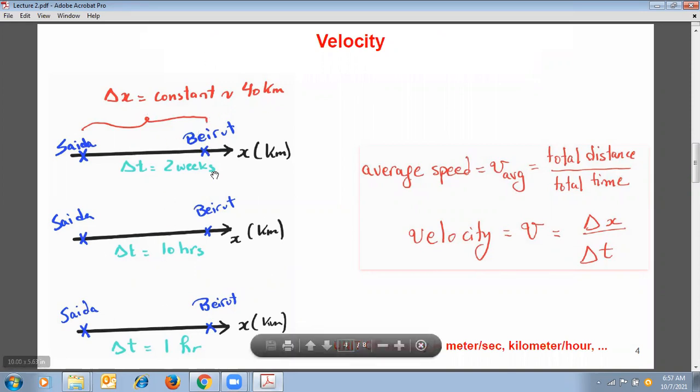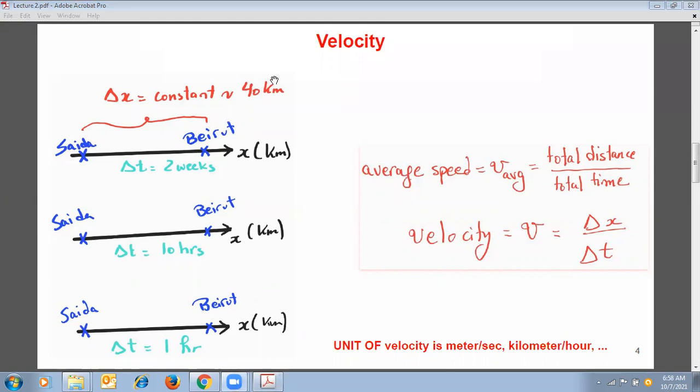If something changes its speed over a particular distance, then we can calculate this speed by dividing the total distance by the total time. We refer to this as average speed. So average speed is total distance divided by total time. Velocity at a particular time is the displacement over delta t.